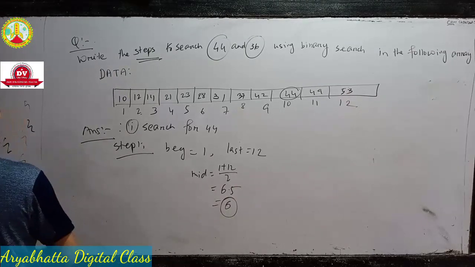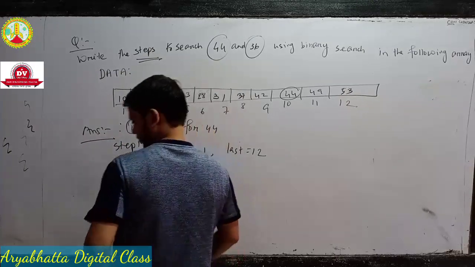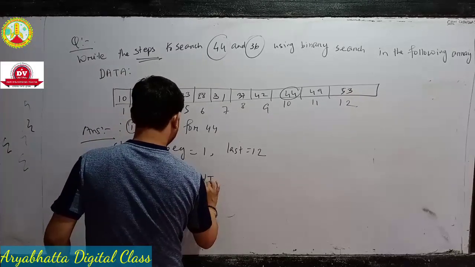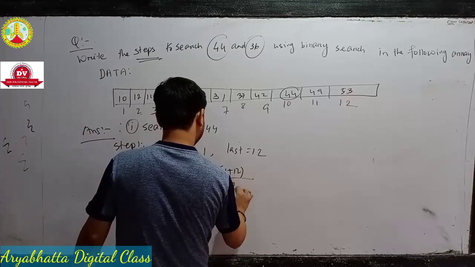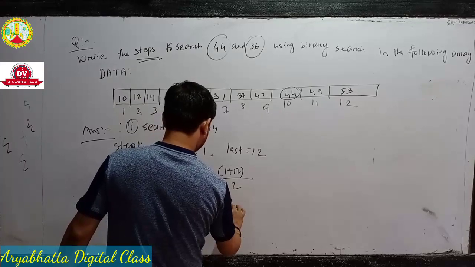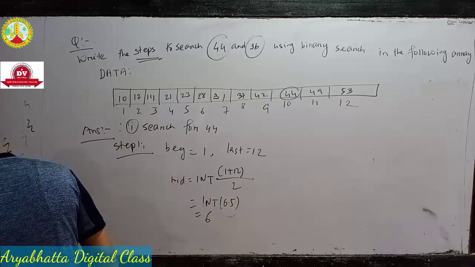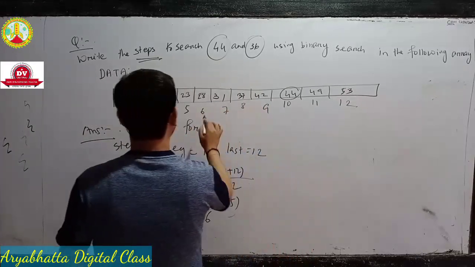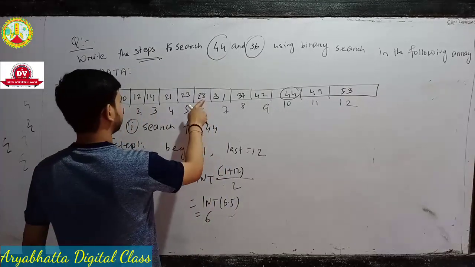Or you can write it as INT of that, which is 6. Now your mid value will be this, right?